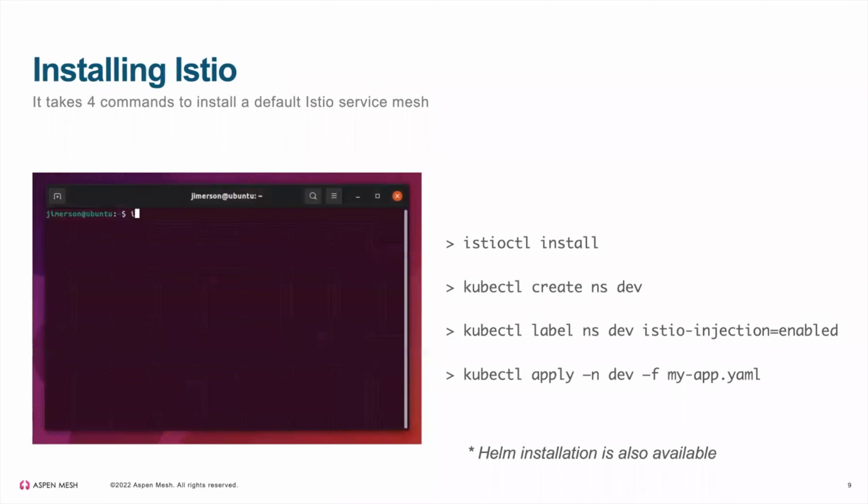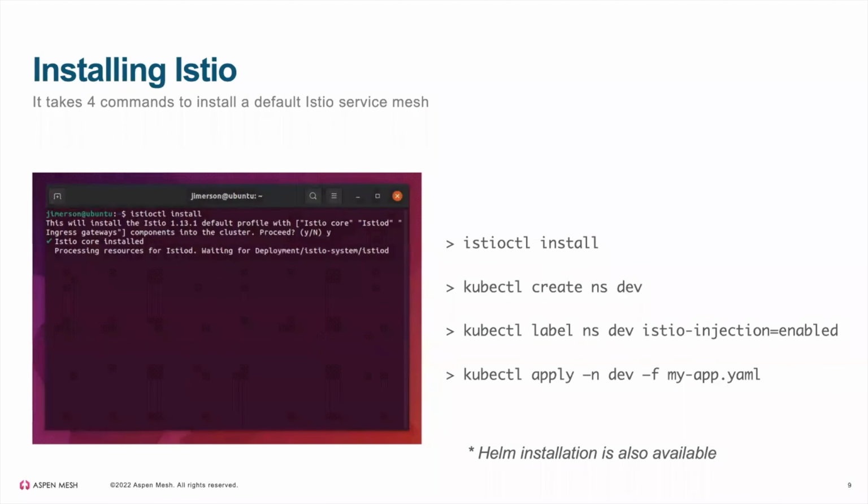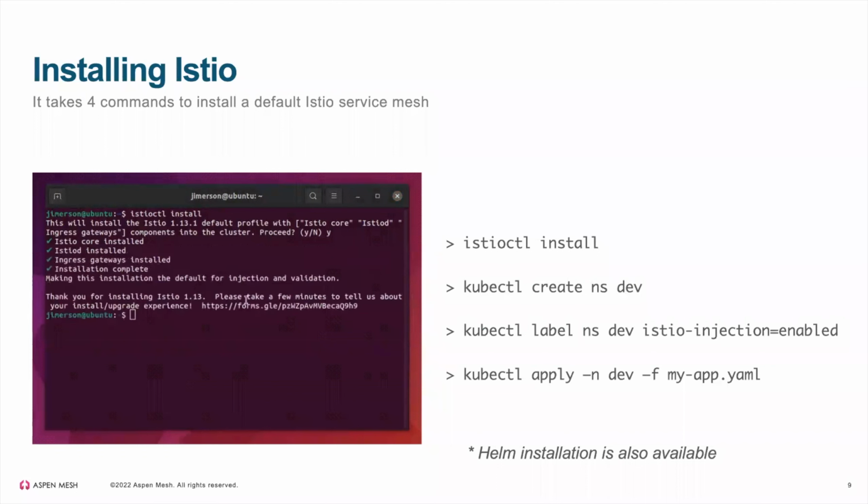So how do you get going? How do you install Istio? It's actually remarkably easy to get a default installation of Istio. So in the Istio distribution, which is open source, there's a binary CLI called Istio CTL. And if you run Istio CTL install against a Kubernetes cluster, it'll install the control plane.